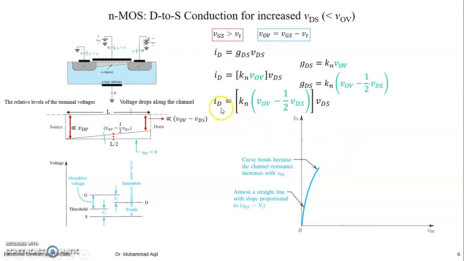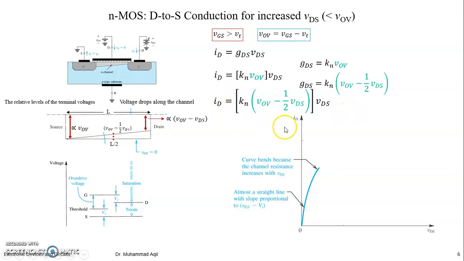So now our ID is Kn (VOV minus half VDS) into VDS, because your conductance has changed from this to this, so your new ID will be here. The linear relation has only this, but as soon as it bends, this one needs to be used. Please don't get confused.